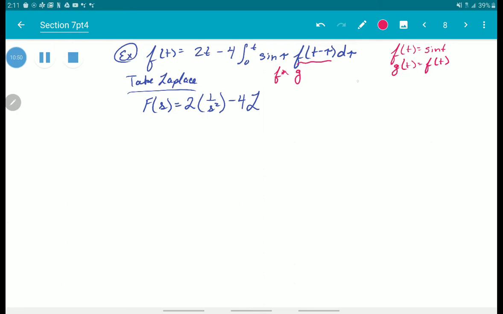So if we want to take the Laplace of that convolution, then it's going to be the Laplace of f times the Laplace of g. So our f is sine of t, so it's going to be the Laplace of sine of t. And then our g is f, the Laplace of f of t.